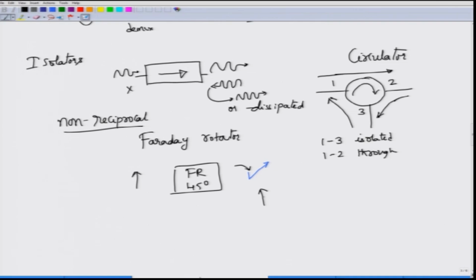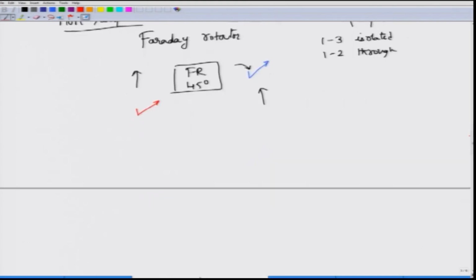Suppose I start with an input which is vertically polarized, my Faraday rotator will again rotate it in the clockwise direction only. So, it will again rotate it by 45 degrees. So, you see that in both directions it will rotate in the same direction. Okay. So, this is a Faraday rotator, and it is used inside the isolator.